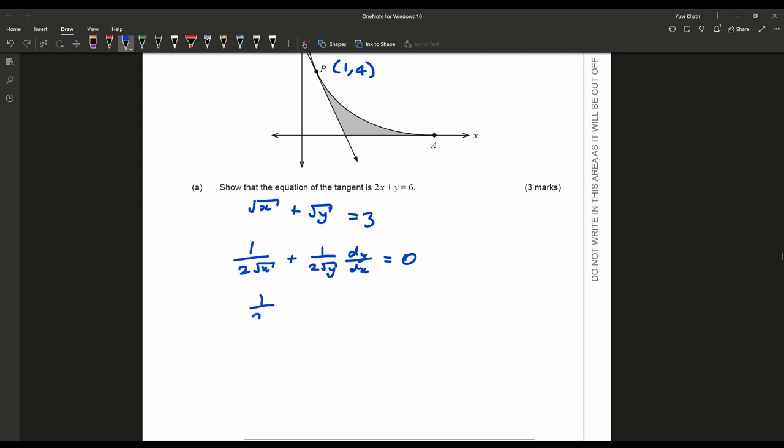So we've got 1 over 2 root 1 plus 1 over 2 root 4 dy/dx equals 0. And let's rearrange for dy/dx. So we've got 1 over 4 dy/dx equals negative a half. And from there we get dy/dx equals negative 2.